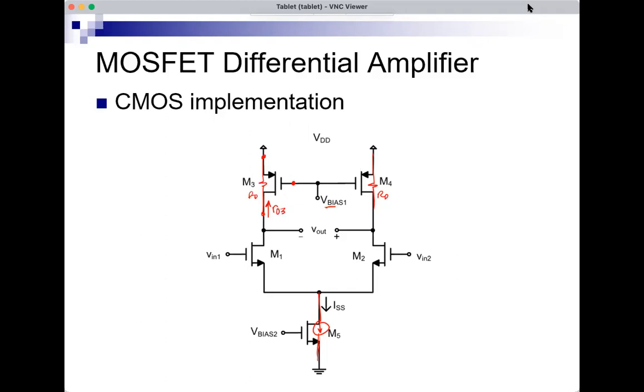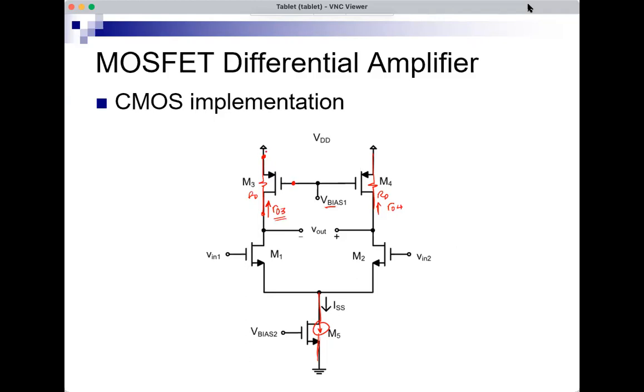So M3 is presenting itself as a resistor, and the resistance of this resistor is small ro3, and the same can also be said about M4. So instead of using resistors, I can use MOSFETs, and they would behave as if they were resistors as far as signals are concerned.